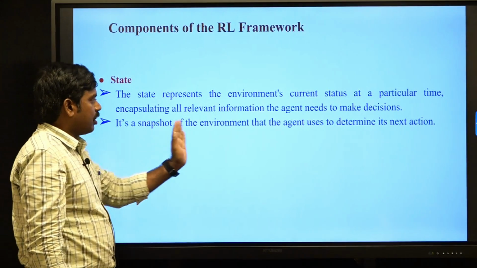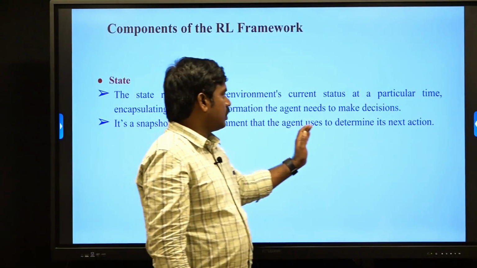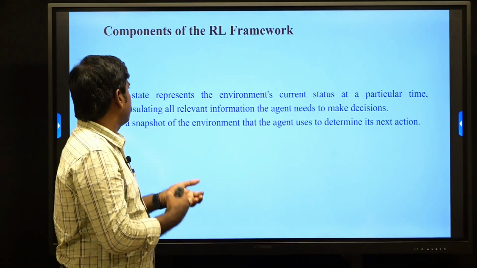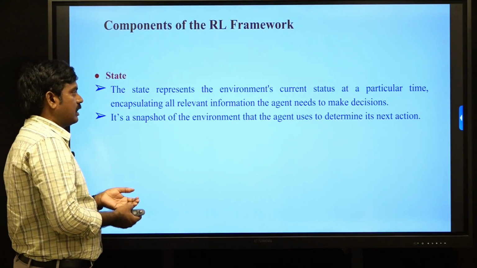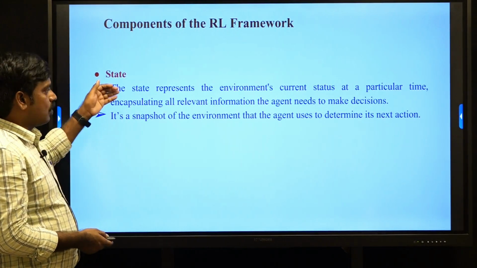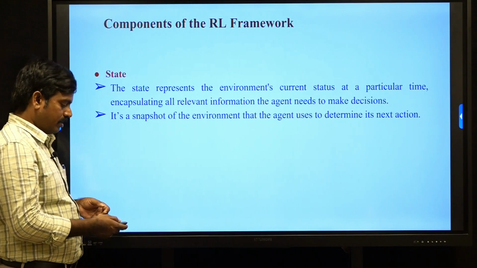It is a snapshot of the environment that the agent uses to determine the next action. The action you take is decided by the situation of the environment, and that situation is called the state of the environment.